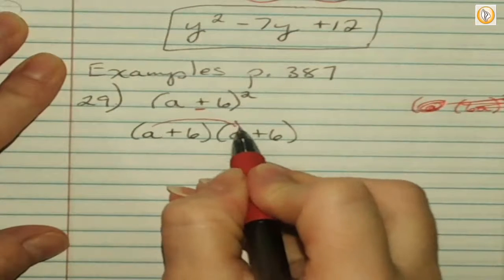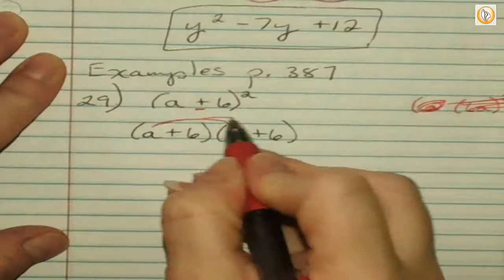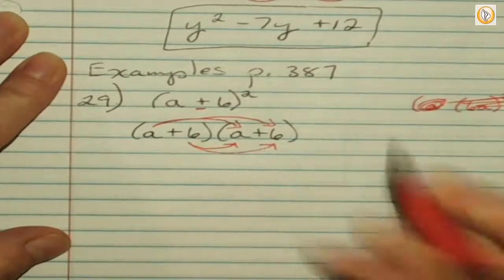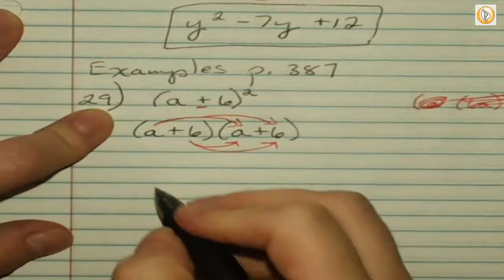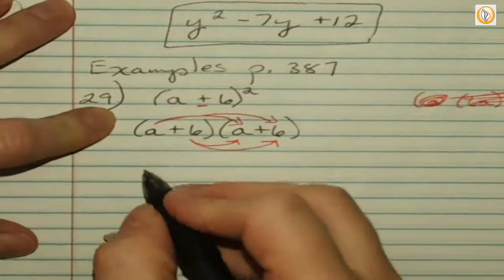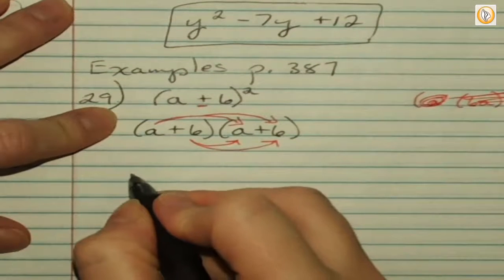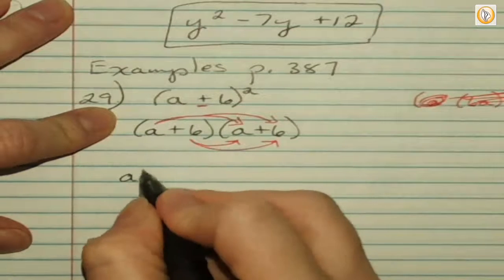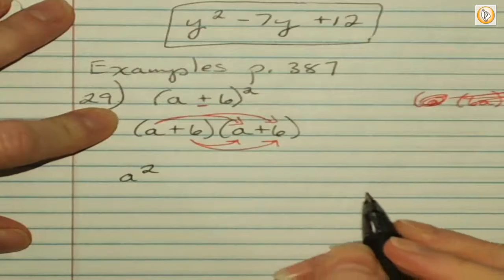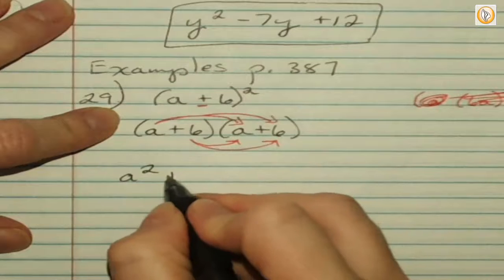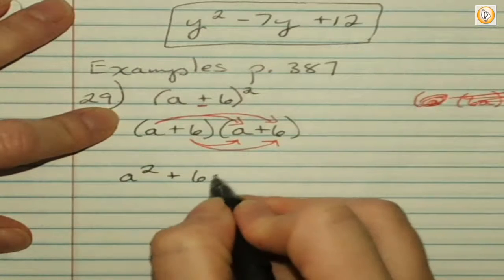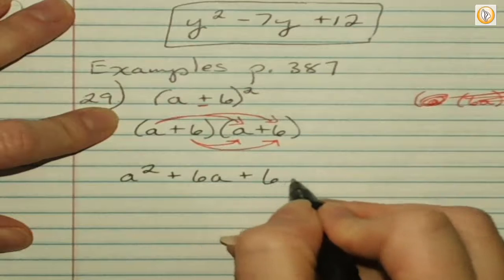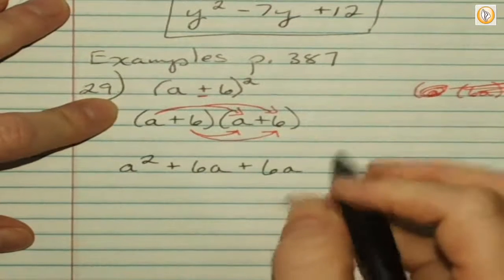And watch what happens. So first, outside, inside, and then last. So we end up with, let's see, Valeria, tell me what I end up with. Let's do the first: a squared, good. Then 6a, our number comes first.